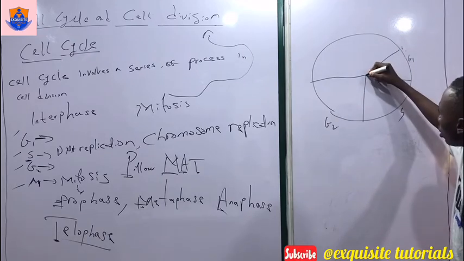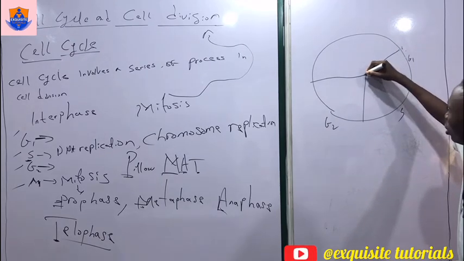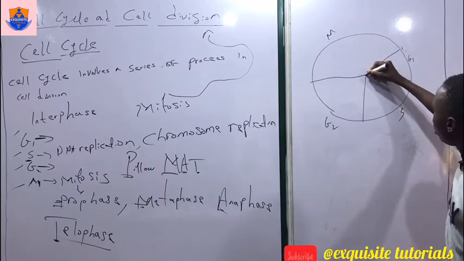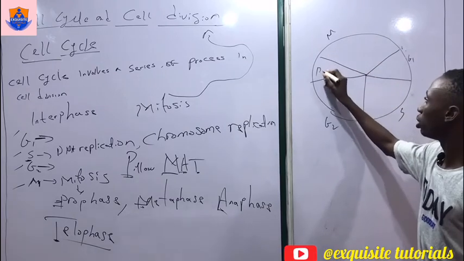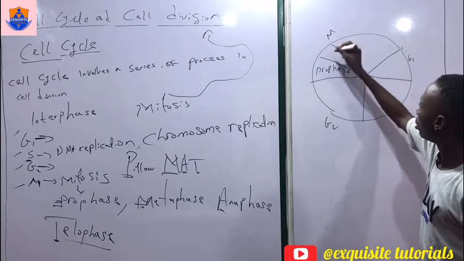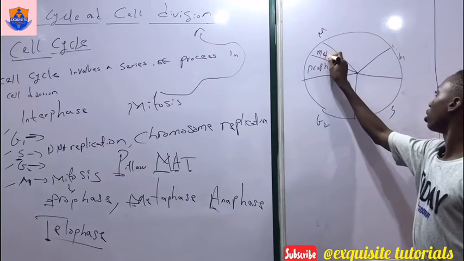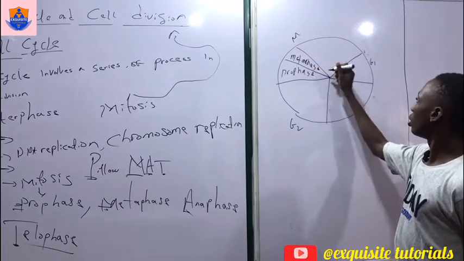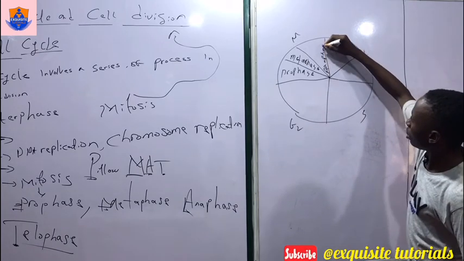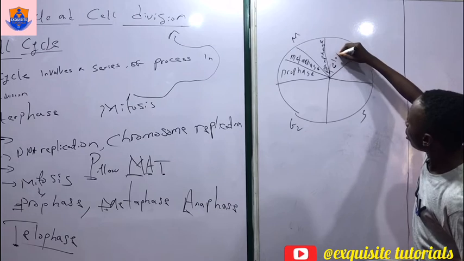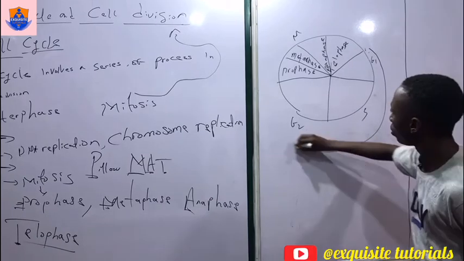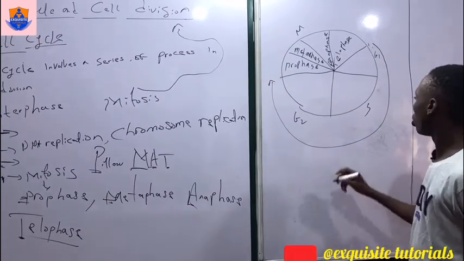Then we can call this stage the M stage, while this M stage is divided into the prophase, the metaphase, the anaphase, and the telophase. Now note, from this point to this point, you can also call it the interphase.